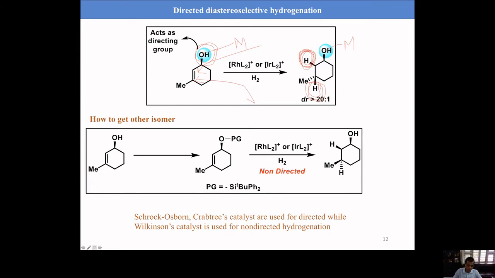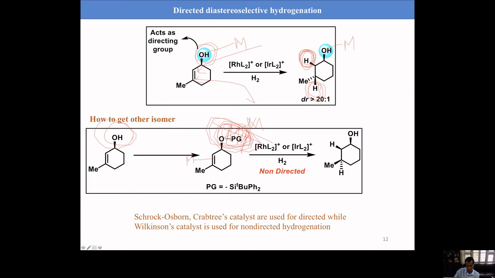Fine. Now when the hydroxo group is no longer hydroxo, it is protected, then this is no longer attaching with metal. So this metal binding is not happening. This whole thing becomes a bulky group. Now since it's a bulky group, and an olefin is coordinating with the metal center, from the same face where the bulky substituent is there, hydride can no longer attach from there.